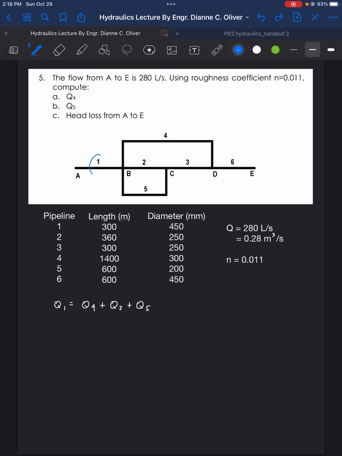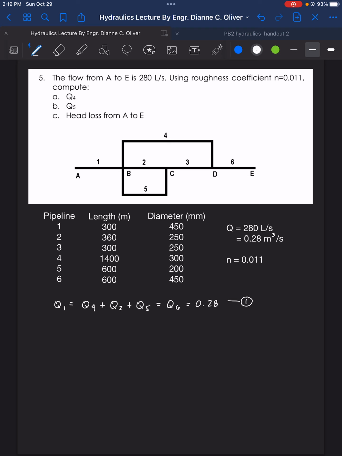And since 1 here is equal to 6, and we have here the total flow as 280 liters per second, or 0.28 cubic meter per second, that is also equal to Q sub 6. So that is equation 1.